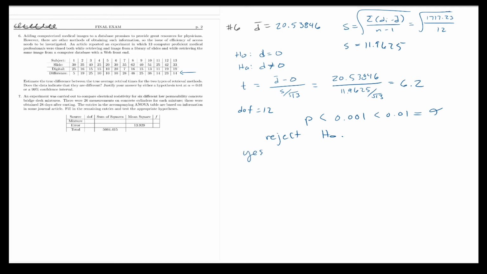Oh, I need to multiply by 2, don't I? P is less than 2 times 0.001, which is still less than 0.01. I need to multiply by 2 because my alternative is two-sided. So yes, significant.